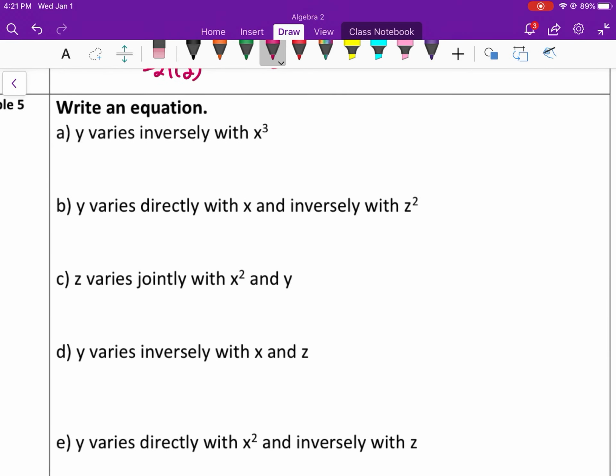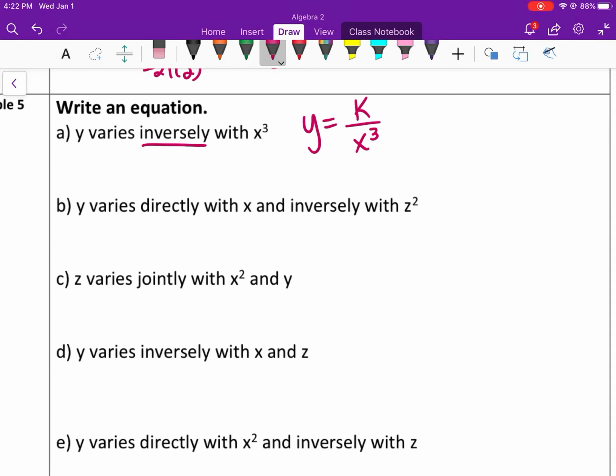All right, let's just practice writing a few equations with the different wording. Y varies inversely with x cubed. Inversely implies that one's increasing, the other's decreasing. So that's division. So y varies inversely, so that's k over x cubed.